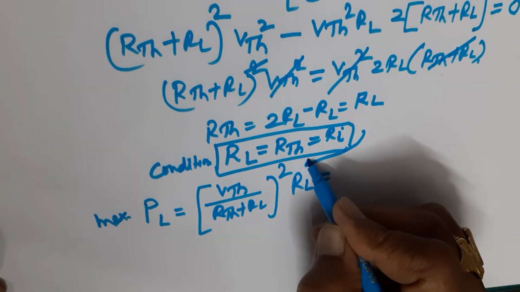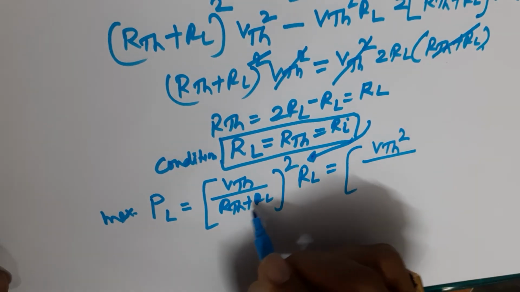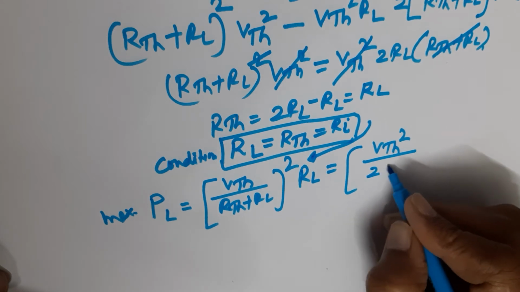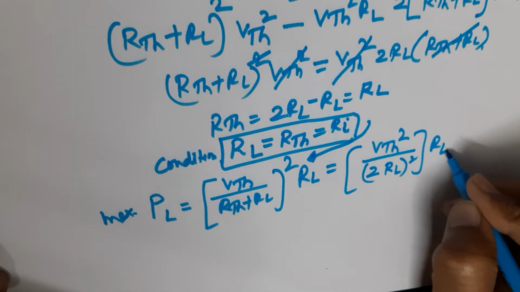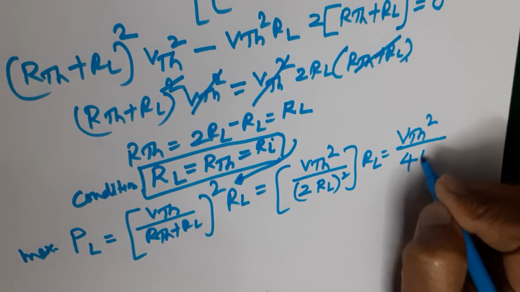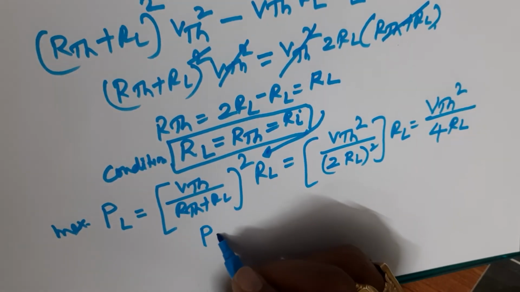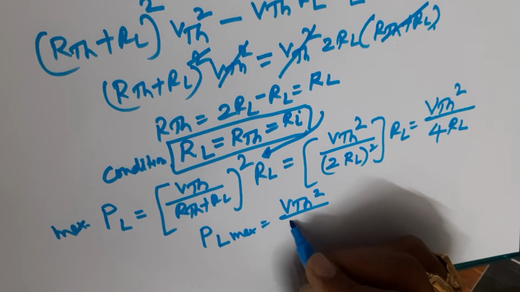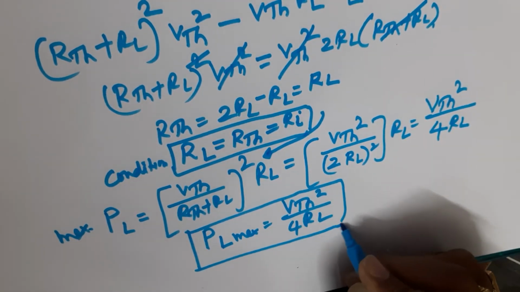If you substitute this condition here, what do we get? We get VTH² by, in place of RTH we can substitute RL, so it becomes (2RL) whole squared multiplied by RL. Then this becomes VTH² by 4RL. Therefore the value of maximum power according to the maximum power transfer theorem is VTH² by 4RL. So this is the value of maximum power.